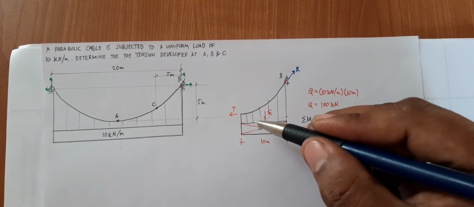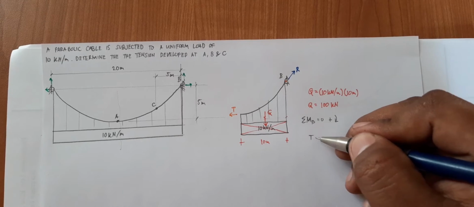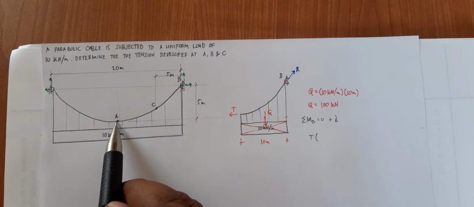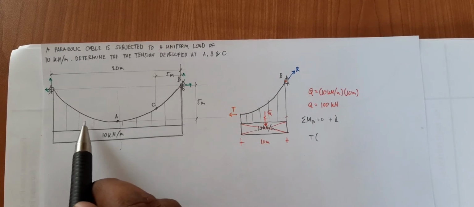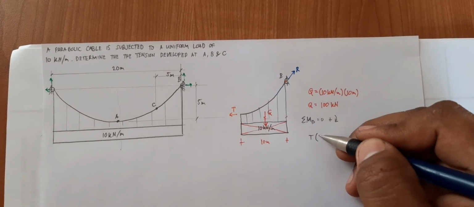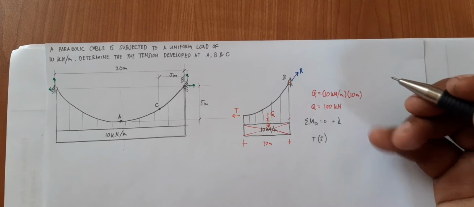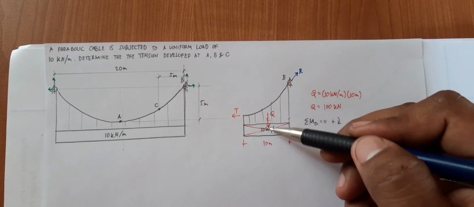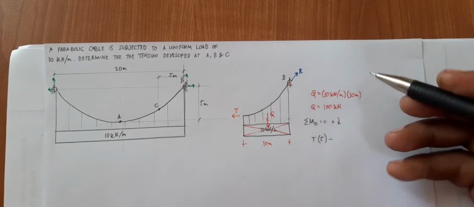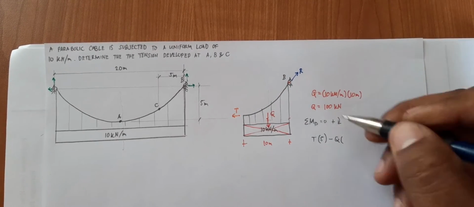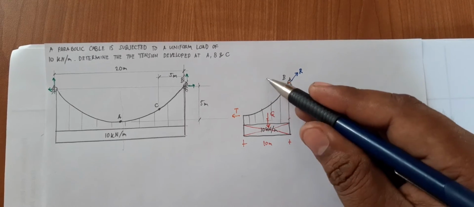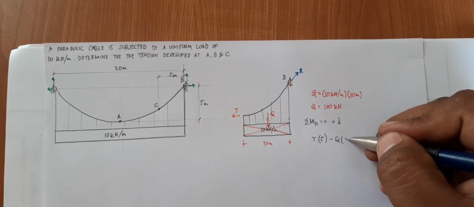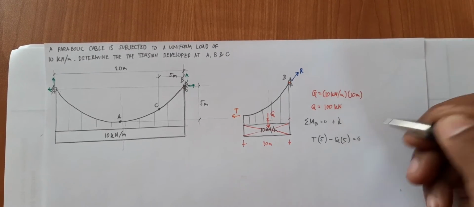On the clockwise direction, you have T. The lever arm for T is, with respect to B, 5. Then minus, on the counterclockwise direction you have Q. The lever arm for Q is from this line of action with respect to point B, that would be 5 meters, equal to 0.